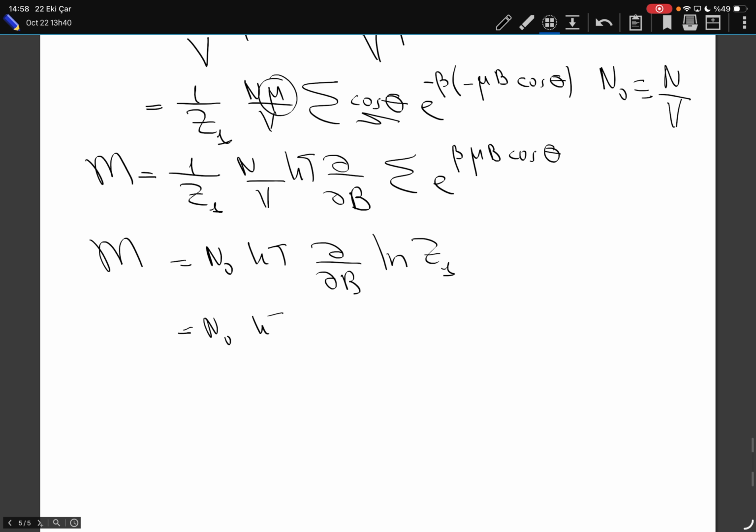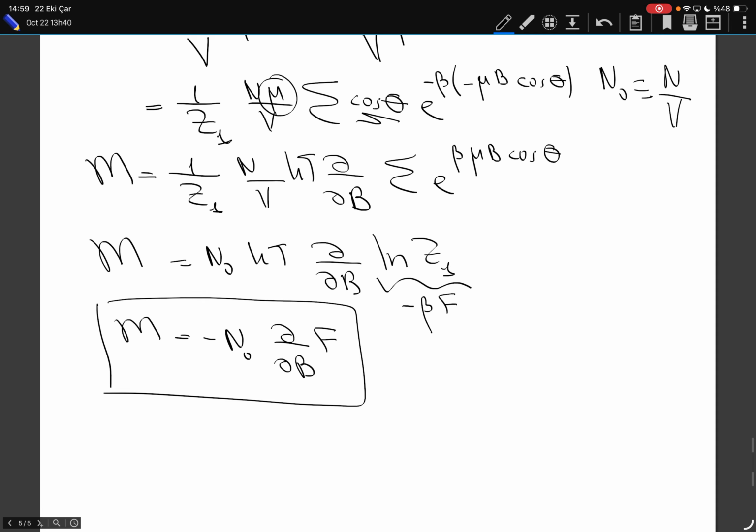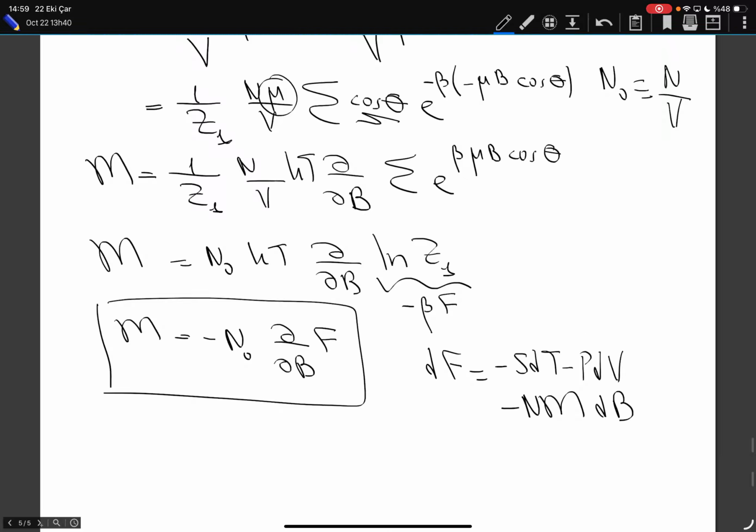Remember, logarithm of Z1 is minus beta F, so this is minus N0 derivative with respect to B of F. This is how we define the magnetization. Well, if you would like, in fact, dF, remember we had the minus S dT minus P dV, and now minus M times, let's say, N dB. This is what my dF is.